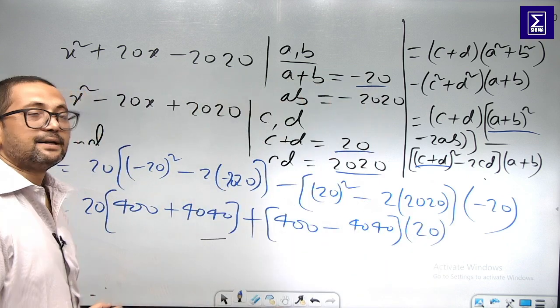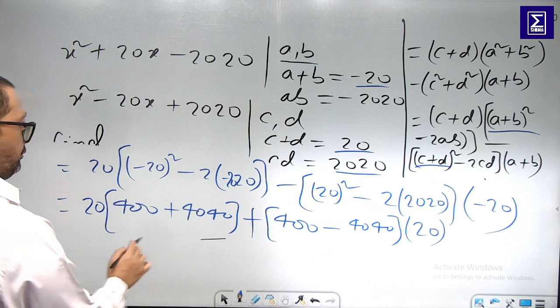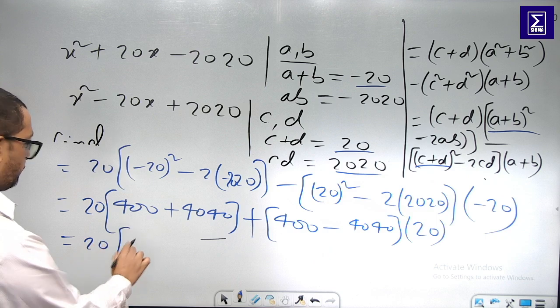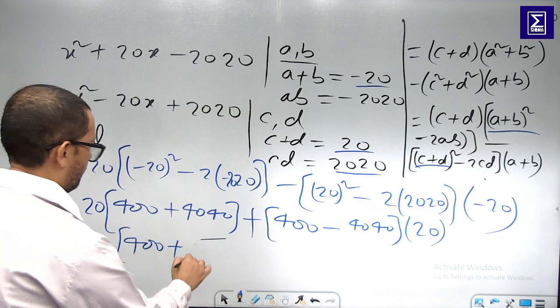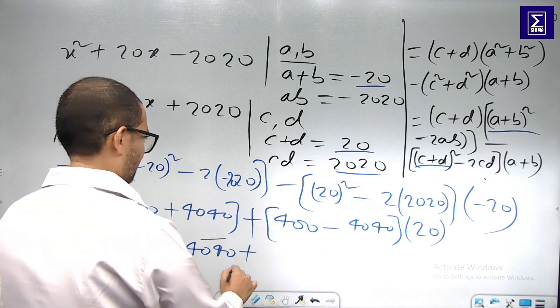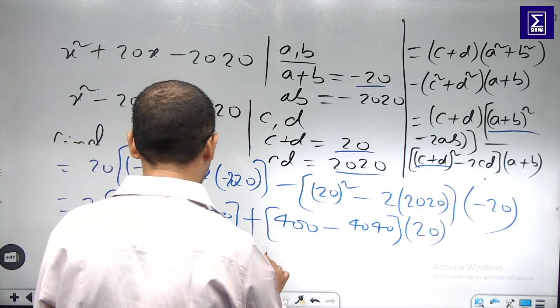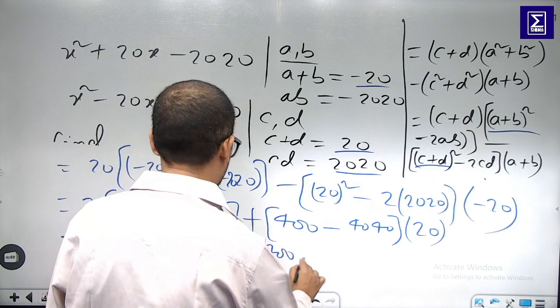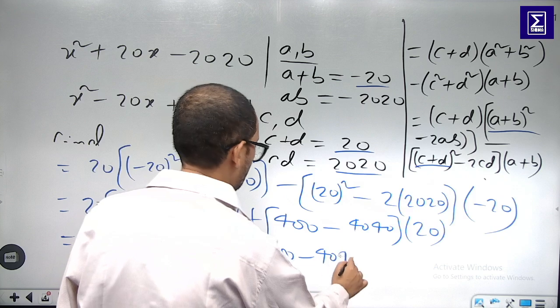Right. So the next step would be, if you take 20 common entirely, what will you find? 400 plus 40 plus 400, and here it's 40.